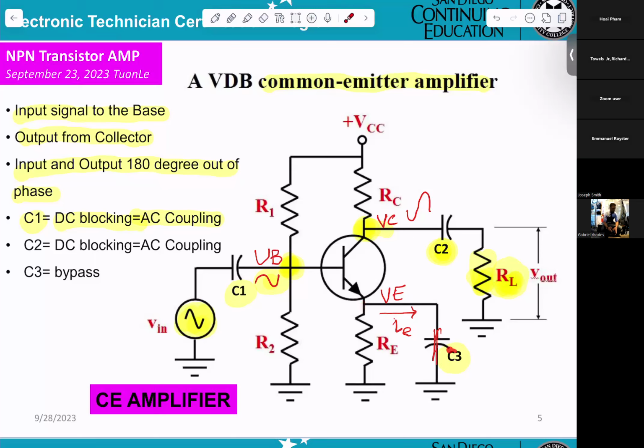However, the capacitor will be shorted for AC, so that's why it is shorted throughout. They bypass RE. That means no current IE goes through the RE. Okay? So that's a general picture for common emitter.